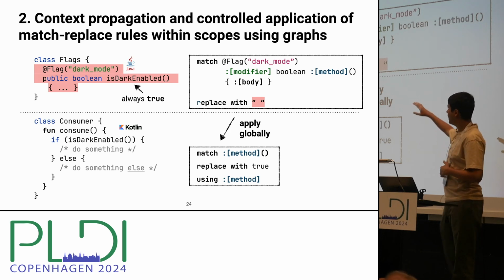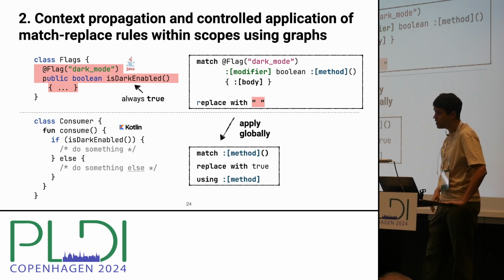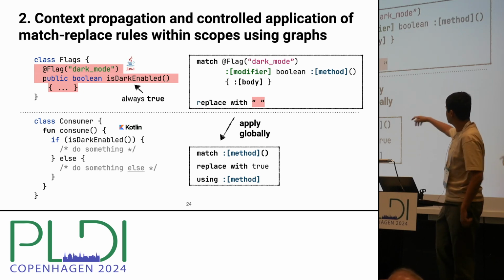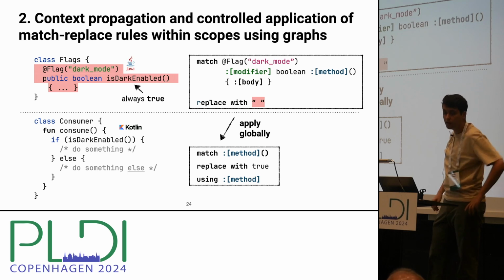You can apply another match-replace rule using the context from the previous rule, but globally, which in this case means across the entire code base. You see here that the context for the method in the second rule is being taken from the first rule.